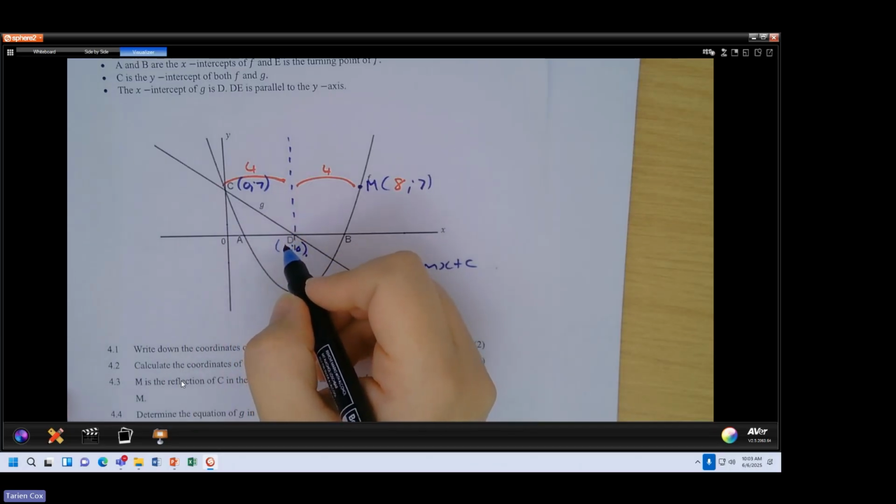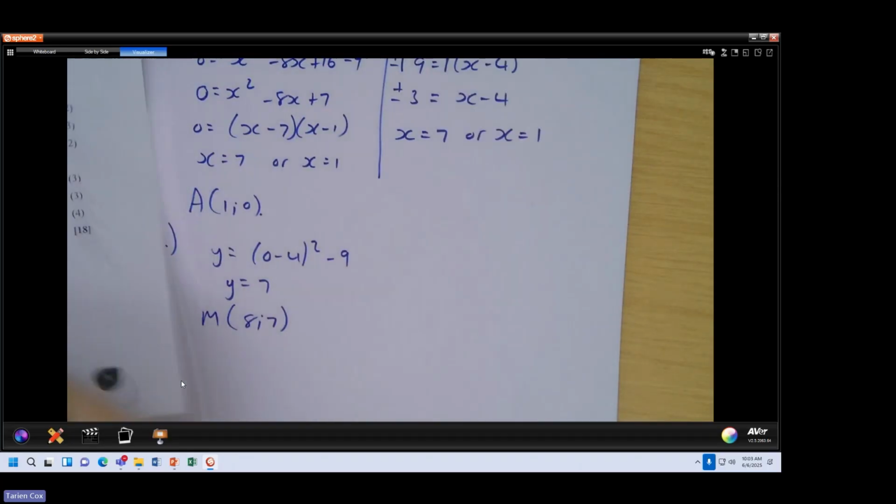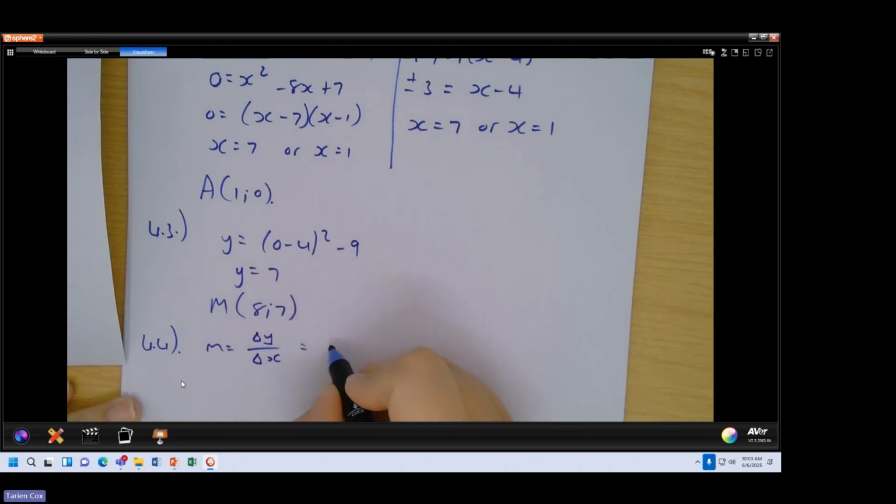Either you use that method or you use your gradient formula, which we normally use in paper 2. The gradient will be delta y over delta x. In this case, we had 7 units at the top and 4 units at the bottom, but it's a negative line, so it will be -7/4.